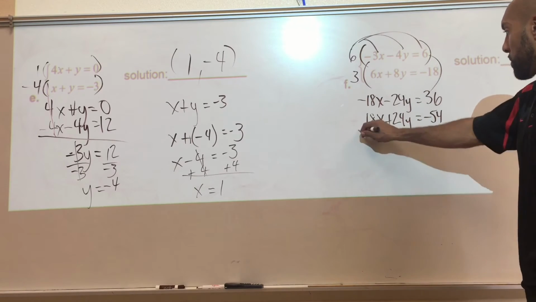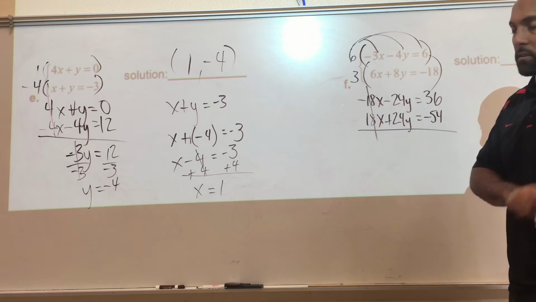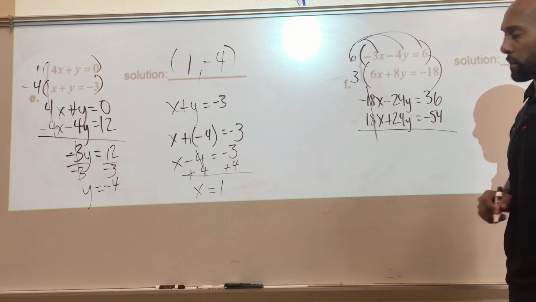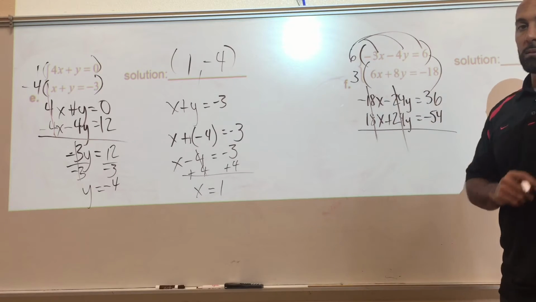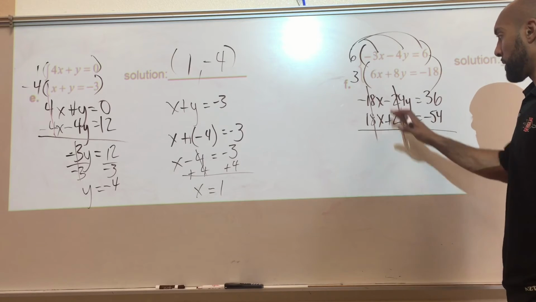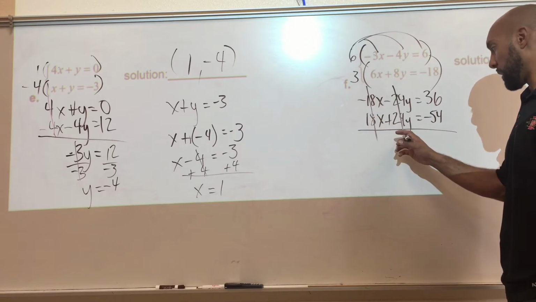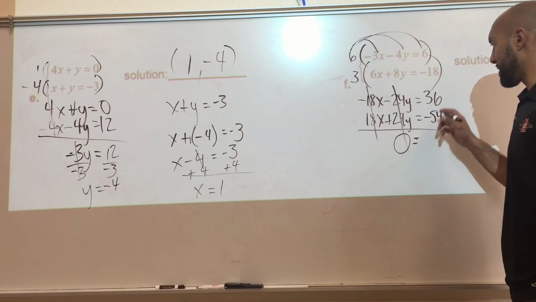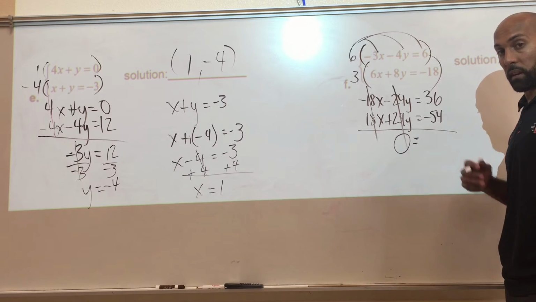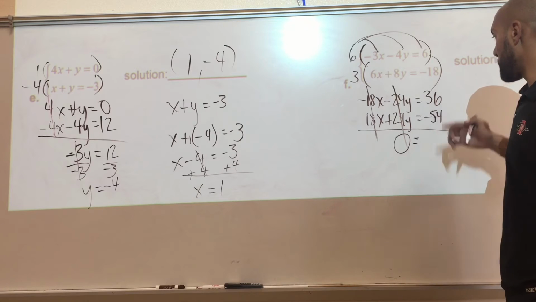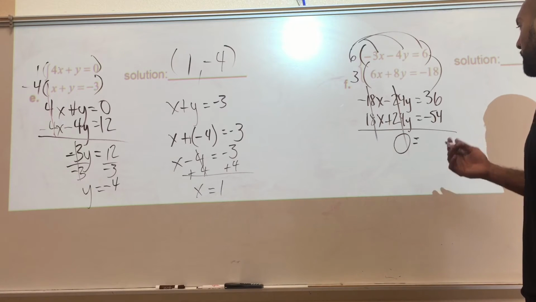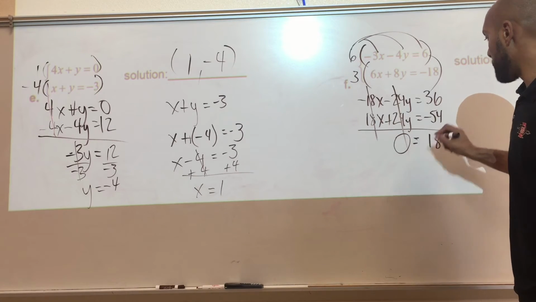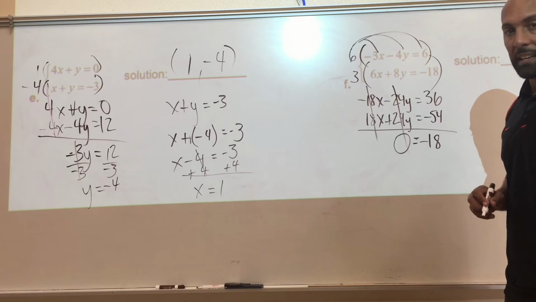Okay, now we're saying, okay, that cancels because they're opposites. That cancels because they're opposites. If they both cancel on the same side, all we have is 0. Okay, but these don't cancel, so we're going to add those together. So 36 minus 54, that is -18. 54 is bigger, so it's negative.